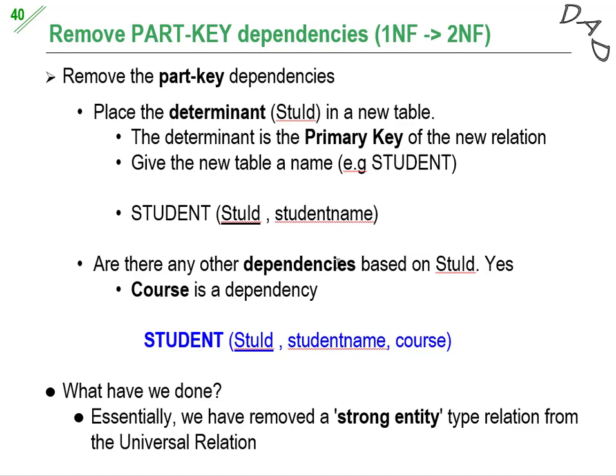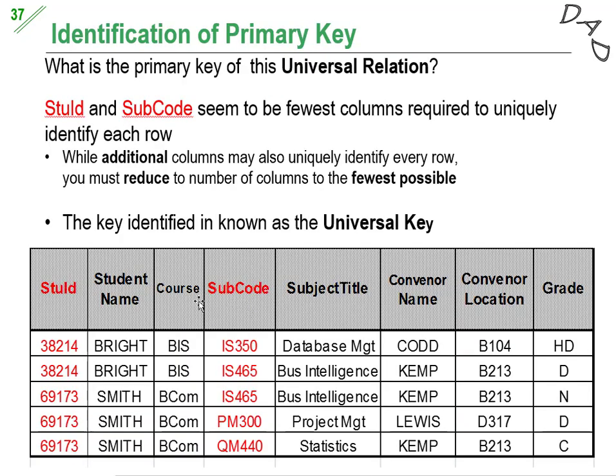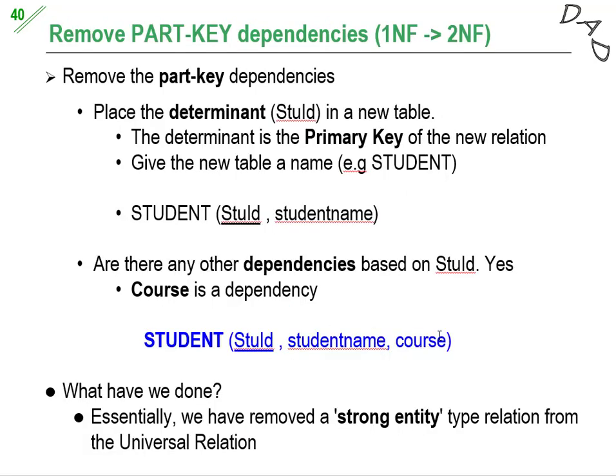Again, the course each student is enrolled in is determined by the student ID. So I can take the course name out of the universal relation and put it into the newly created entity.